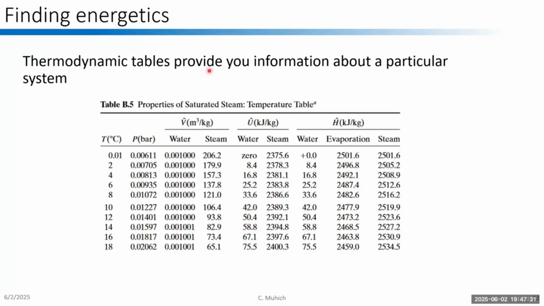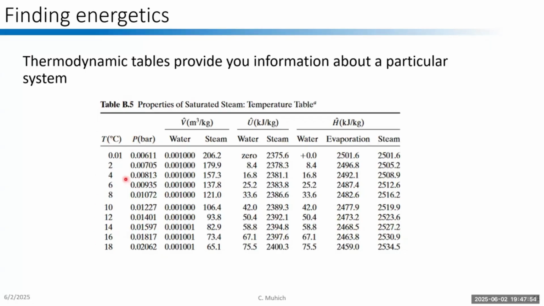And so these are going to provide us information about a system. So here I'm showing a steam table. This gives me the properties of saturated steam. And what we'll find in here is all sorts of information that's really useful in doing energy balances, or really any sort of thermodynamic analysis of a system.